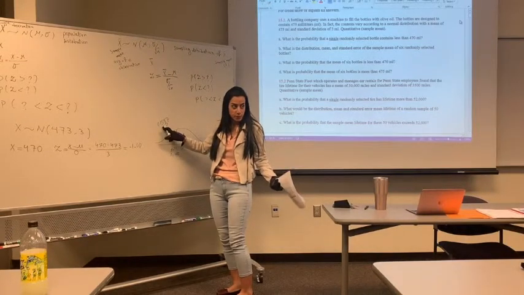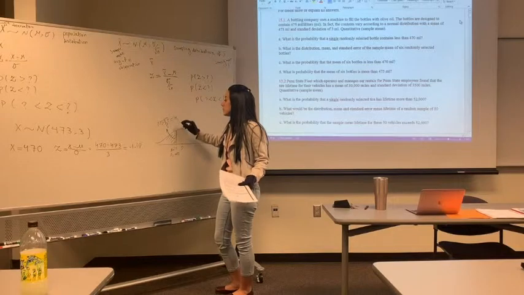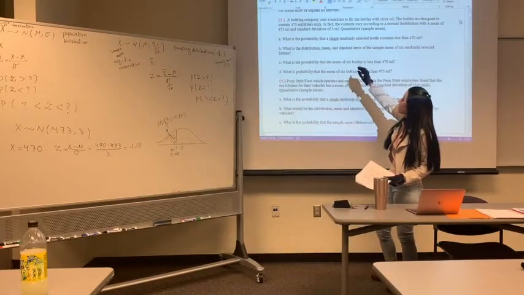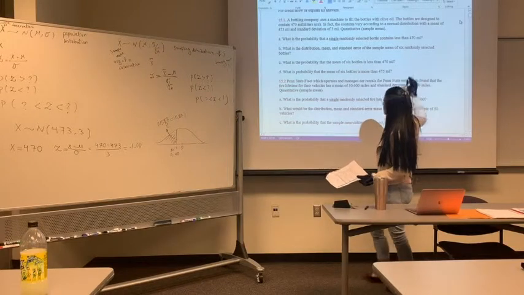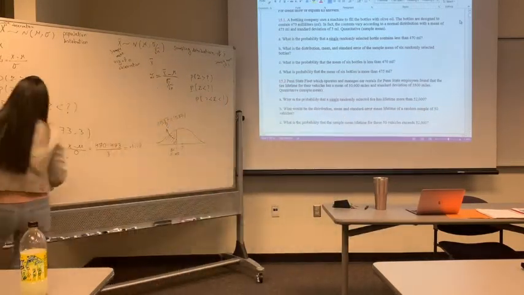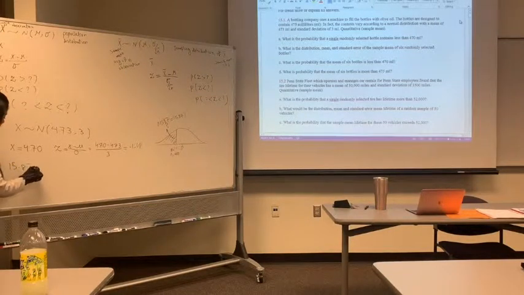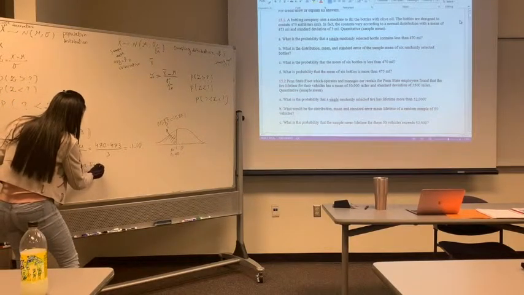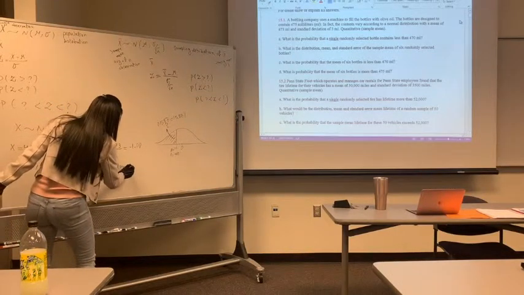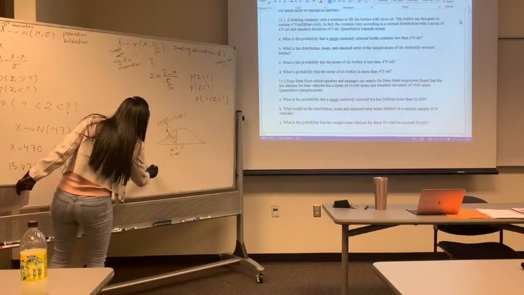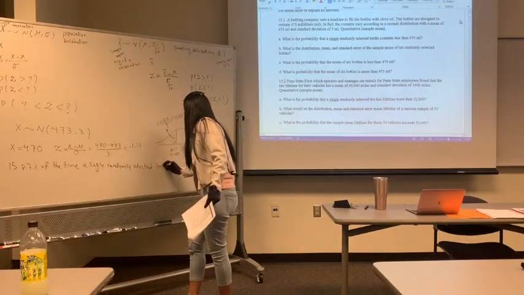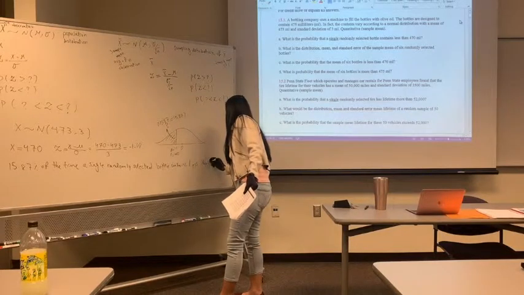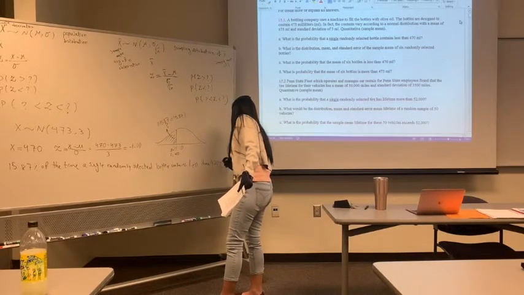If we want to convert this to a percentage, this probability says that 15.87% of the time a single randomly selected bottle contains less than 470 milliliters of this olive oil.